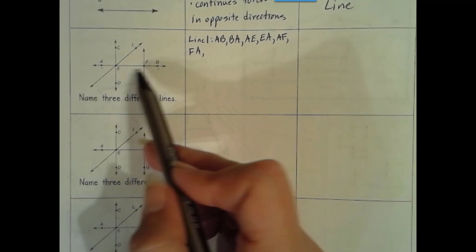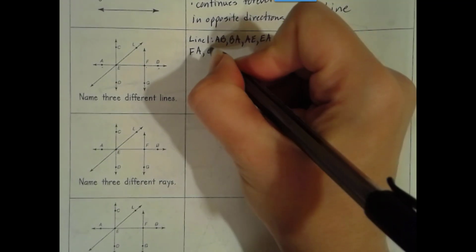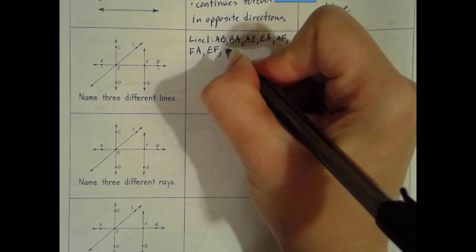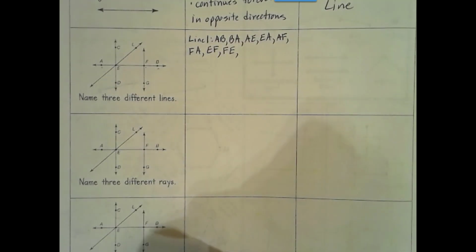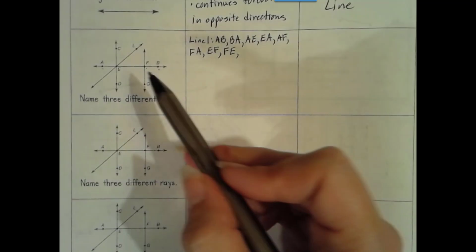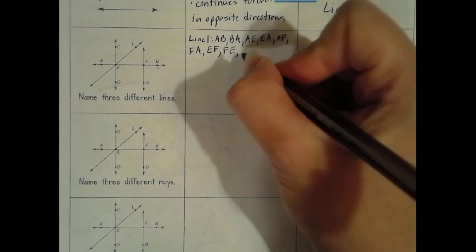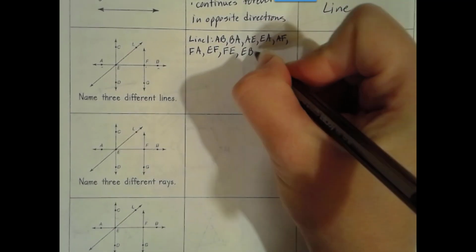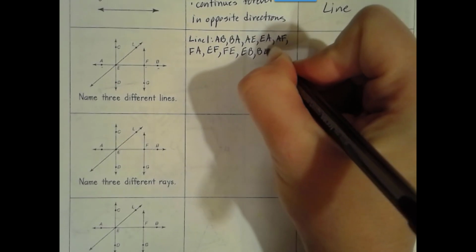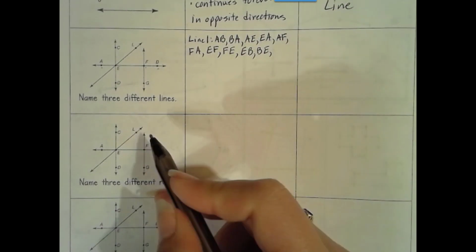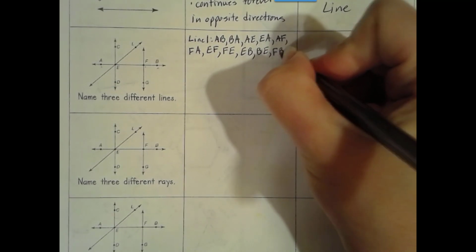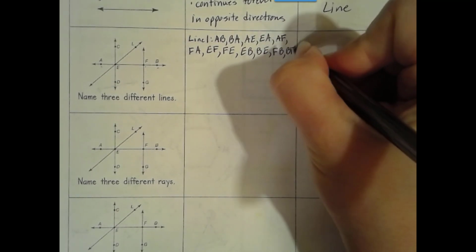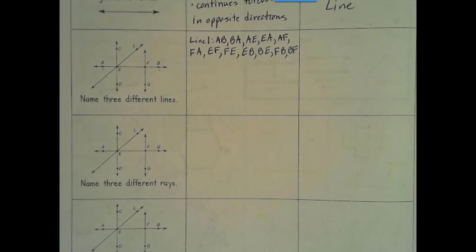I could call it EF or FE. I could call it EB, just any two points. BE. I could call it FB or BF. So that's just one line.